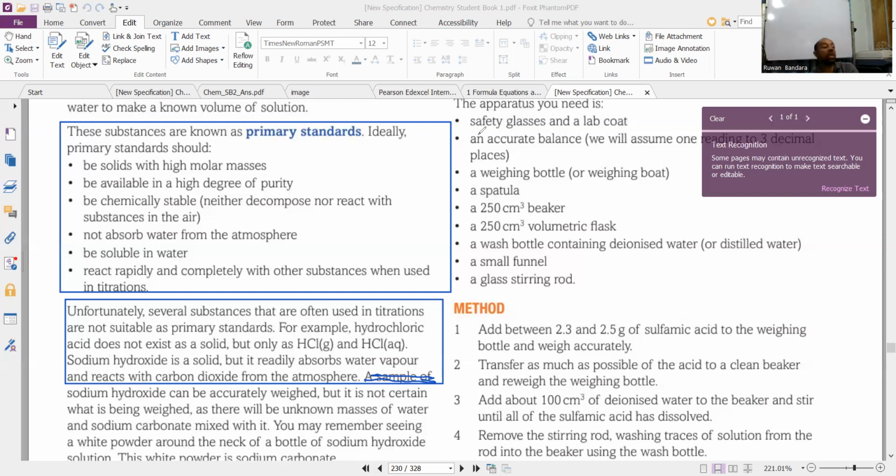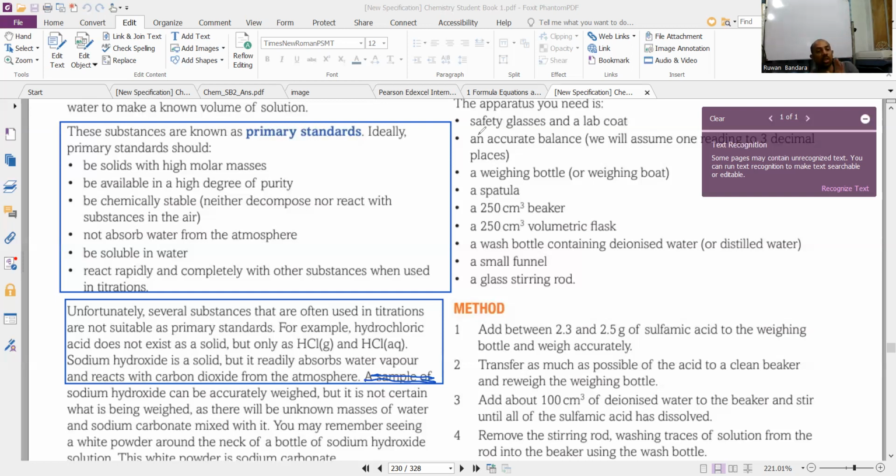For example, sodium hydroxide is available as solids like small tablets, pellets, but they absorb water and carbon dioxide in the atmosphere, forming sodium carbonate.